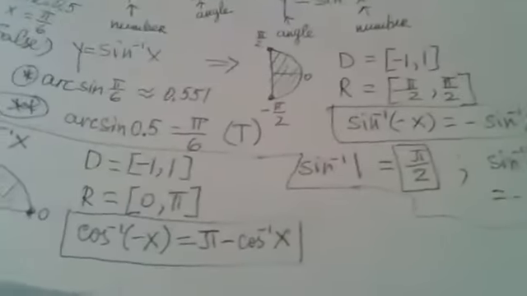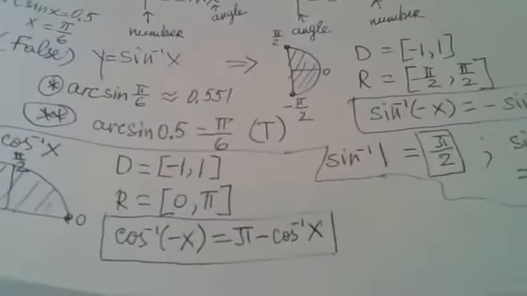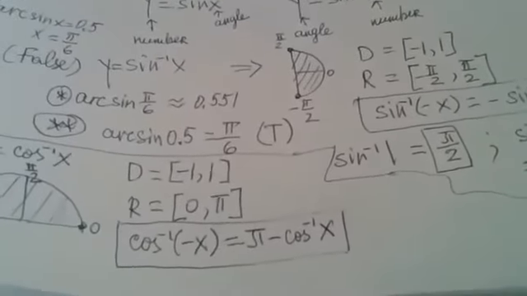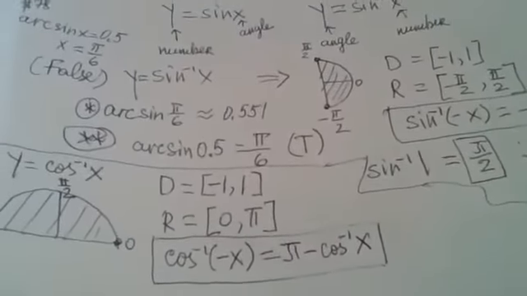Again, unfortunately, this is not in your textbook, but it can ease your process working with these functions. It will be pi minus arc cosine of +x. I'm going to box that formula. Arc cosine of -x equals pi minus arc cosine x.